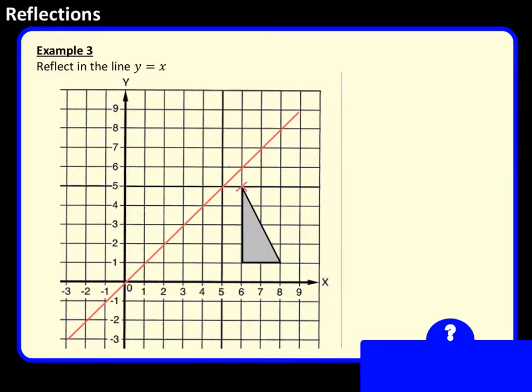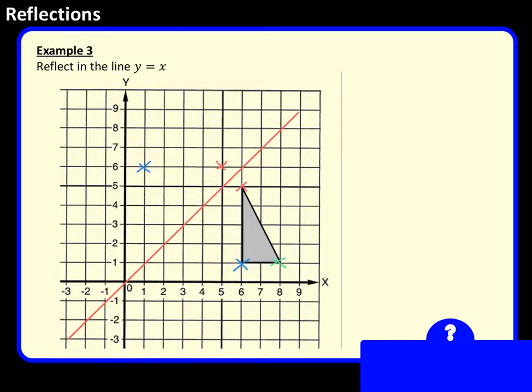So if we start with this red point up here, it's diagonally half a box, so that ends up diagonally half a box the other side, acting perpendicular to the mirror line. If we then try this point down here, looking at the distance, it's 1, 2 and a half, so a half, 1, 2 out the other side gets us to there.